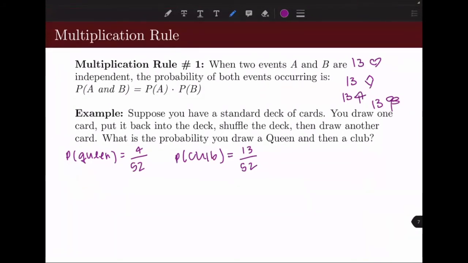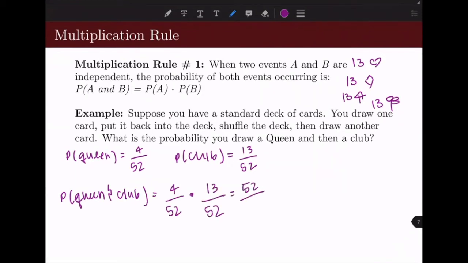So the probability of drawing a queen and then a club would be 4 out of 52 multiplied by 13 out of 52. It's equal to 52 out of 2,704, which is approximately 0.019.